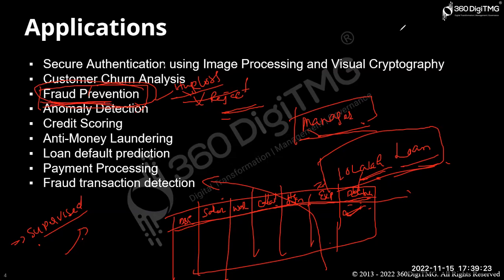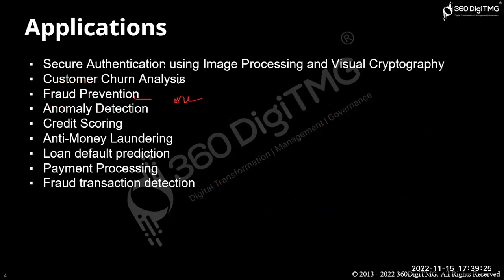For that, we can build algorithm using the machine learning, or we can predict using the historical data. These are the persons who can default the loan. So we can simply automate the whole verification process, the conditions that they have to go through, or they have to follow in order to sanction that particular loan.